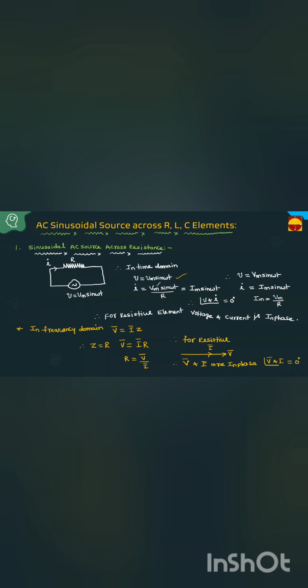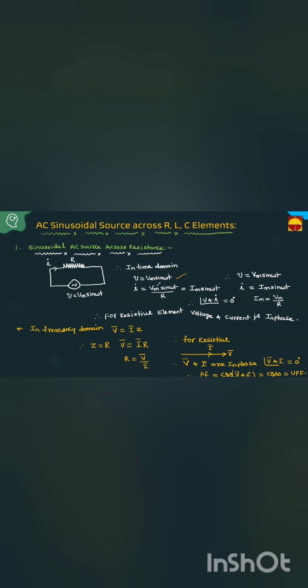If the angle between voltage and current is 0 degrees, what is the power factor? Cos of the angle between voltage and current, that is cos 0, that is unity power factor. Therefore, for a resistive element, voltage and current are in phase and it is a unity power factor.